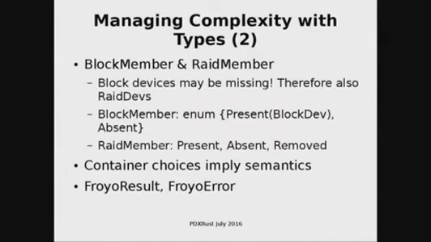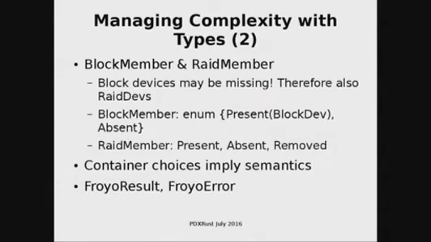You need to know that 1 and 3 are there, but number 2 is missing. So Froyo uses, and this is a perfect example of using sum types, enums, a block member is present type, which includes all the information for when it's there. If it's not present, we still have something there, we know that it's missing, and we can set up device mapper to handle a missing device properly.